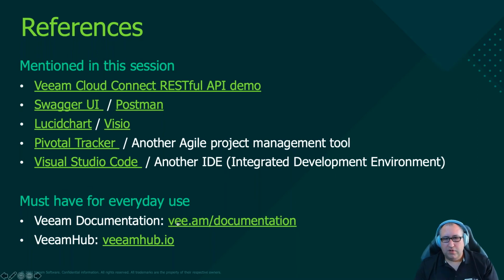One thing I'll note: if there is something that you find that you want updated, we have feedback links at the bottom left of every single one of these pages, and you can ask for clarification or ask for improvement. This is like my Bible when it comes to Veeam products, because whether it's APIs or PowerShell, that's the go-to, right?